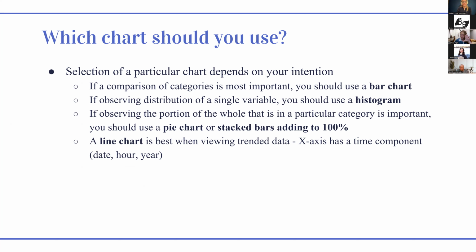If you're looking at a single variable, a histogram is a great chart to use. You want to look at age distribution across a population or weight distribution or something like that. A histogram is just a kind of bar chart. It's technically called a count plot.